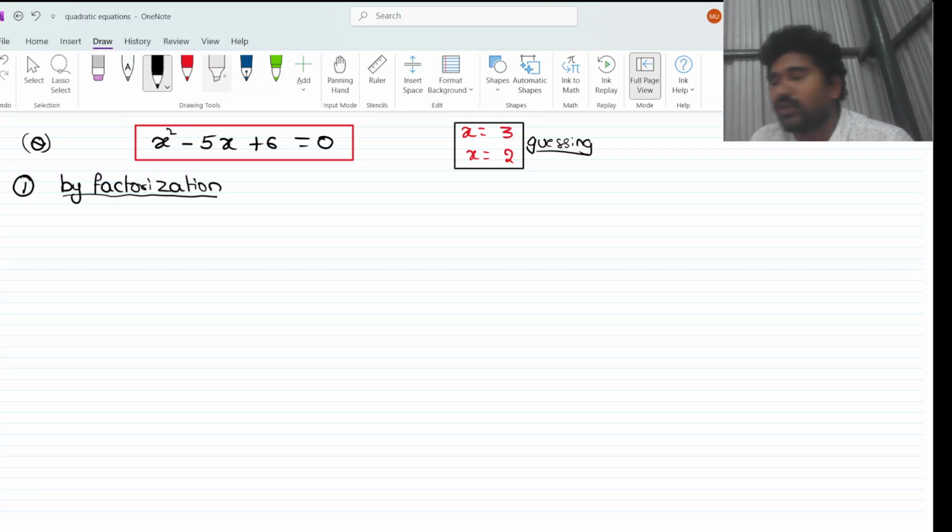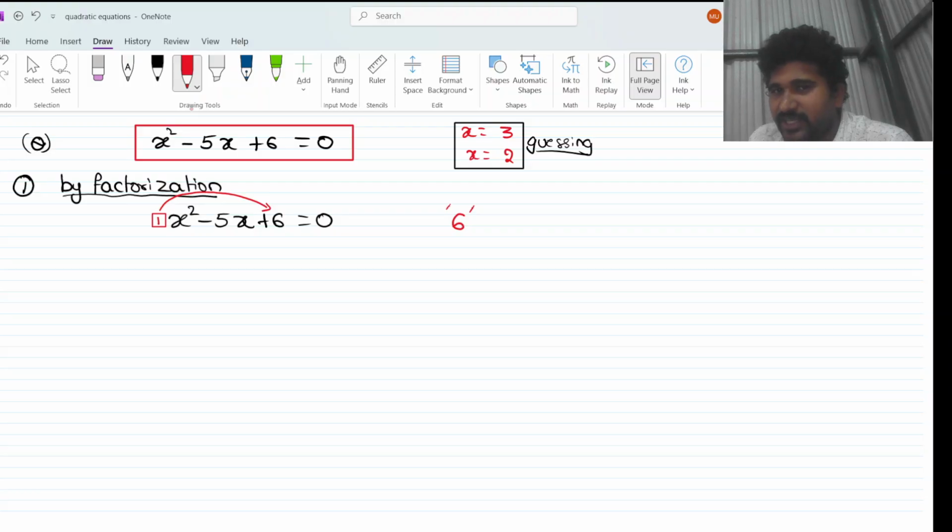So what is the equation? X square minus 5x plus 6 equal to 0. You always have to check the coefficient of x square at the beginning. What is the coefficient of x square here? 1. So 1 into 6, how much do you get? 6.